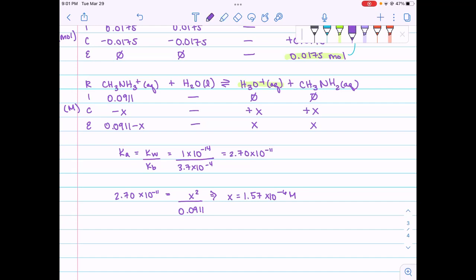So we're going to use that to figure out pH, because pH is the negative log of the H3O+ concentration, or the negative log of 1.57 times 10 to the minus 6, which gives us a pH of 5.80.